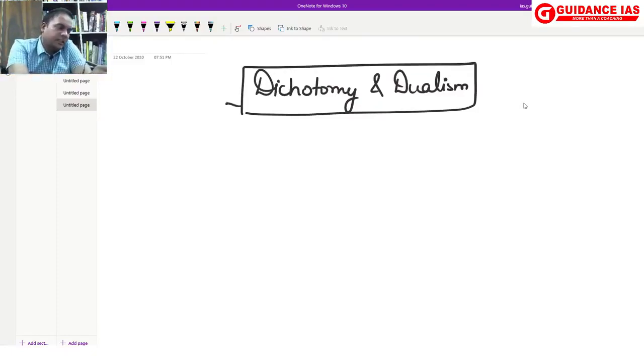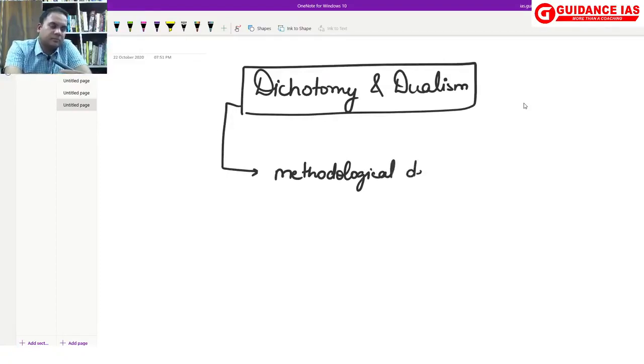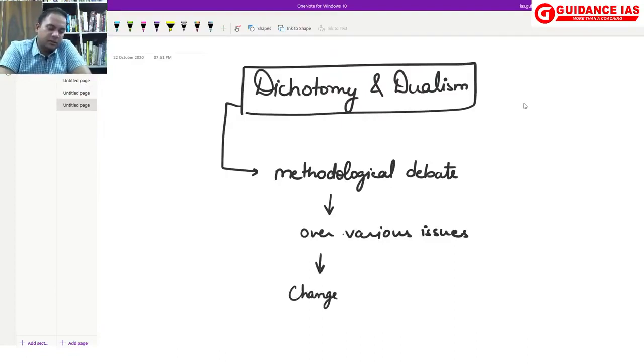So what we are saying here is that it is basically a methodological debate over various issues that exist in any discipline, and this debate brings out change and evolution in the discipline.